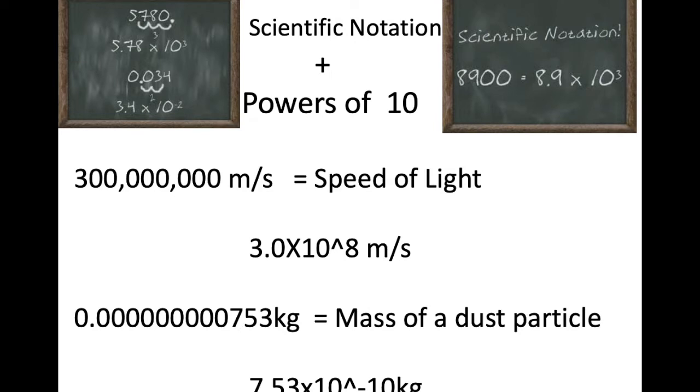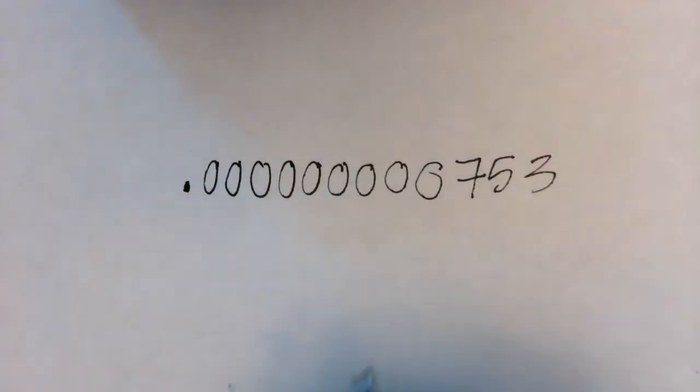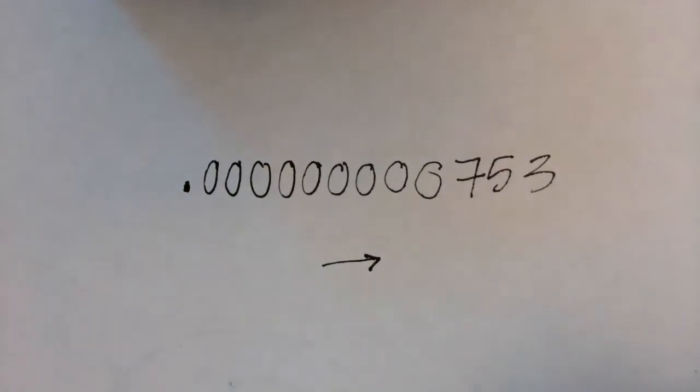What if we're talking about a really, really small number? Something with this many zeros, which is the mass of a dust particle, incredibly small amount of kilograms. It's going to be really tedious to have to write all those zeros. So let's count how many times we have to move the decimal point over to the right in order to get the decimal point right behind the 7.